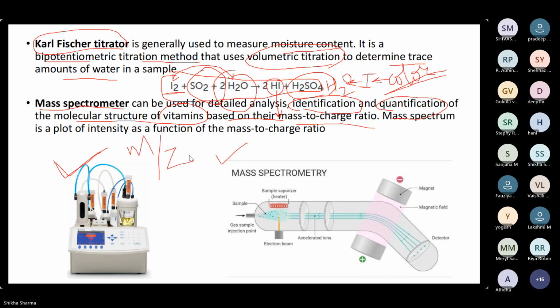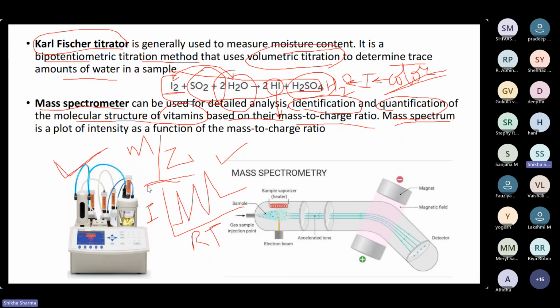The mass spectrometer plots a spectrum where intensity is shown for different molecules based on the charge; at different retention times we get certain intensities for molecules of different m by z ratio.